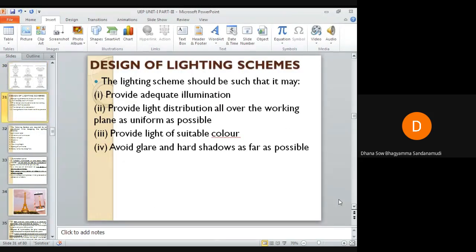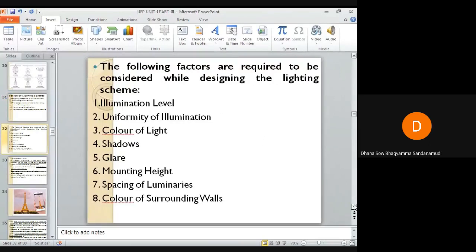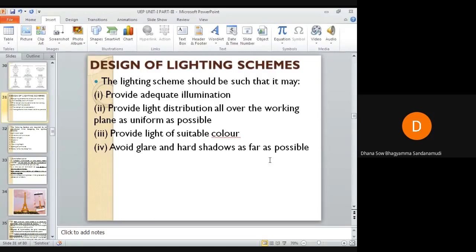Next one is design of lighting scheme. Let us discuss. The lighting scheme should be such that it provides adequate illumination. It is well known, why we use lights? The purpose of lighting a room is to get adequate illumination.